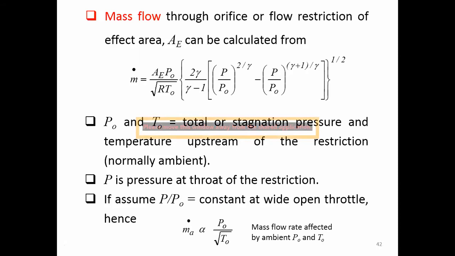We try to keep everything constant or the same as much as we can. We keep the throttle valve wide open. We do not vary the position of the throttle valve. So we have P over P0 constant, but our mass flow rate still depends on the ambient conditions.